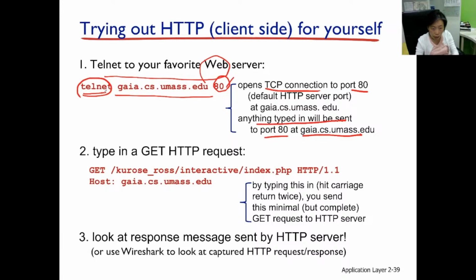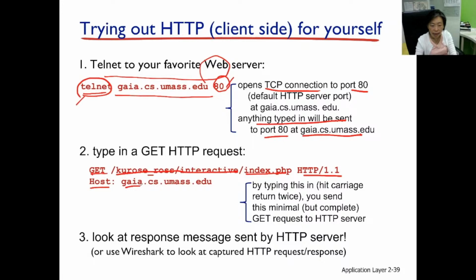Now, once we Telnet to the web server, we'll type up some things. Okay, let's try typing this. GET, with the path name and file name as the argument for the GET command, and then the version of the web browser. So we'll be pretending that the Telnet here is an HTTP 1.1 client.